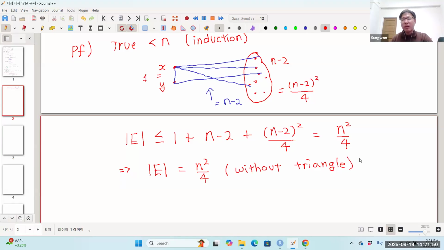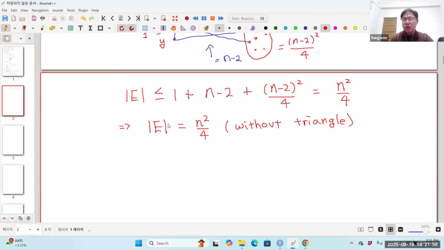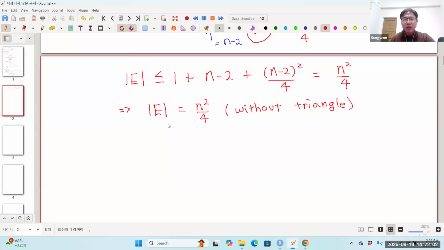And there is a perfect example of where this maximum occurs: the complete bipartite graph.